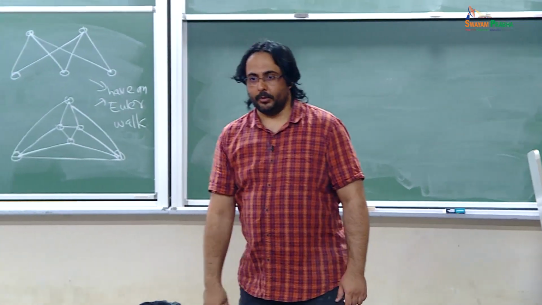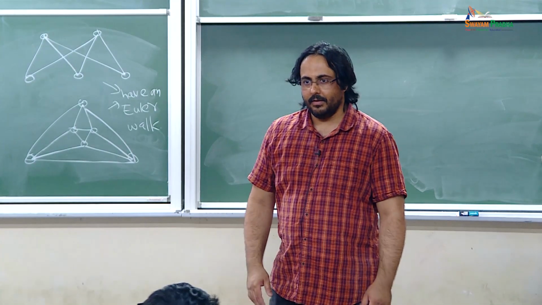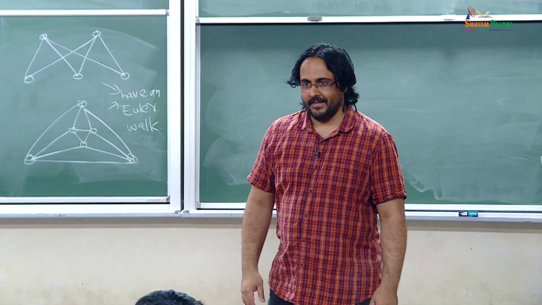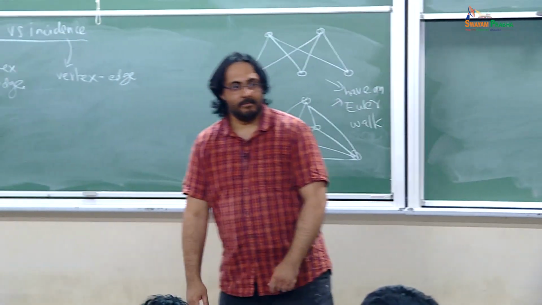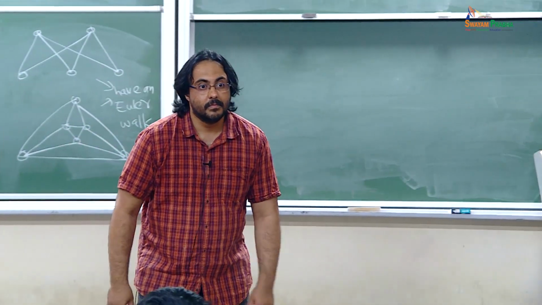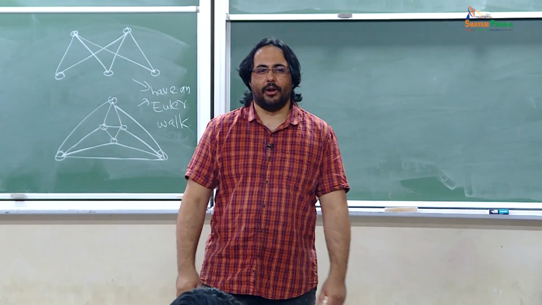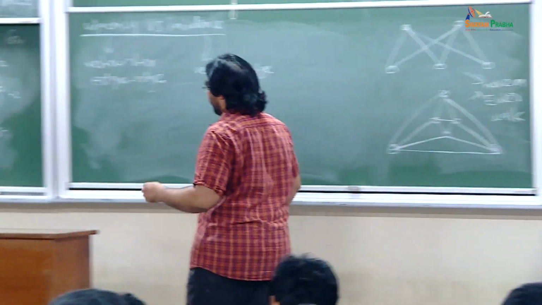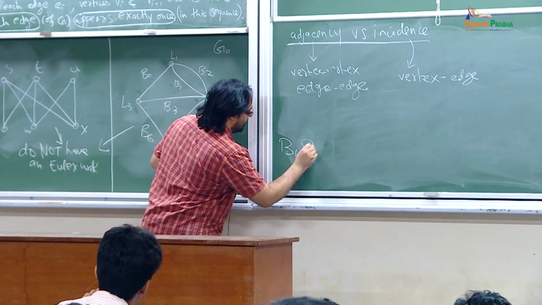You tell me, what would you like to say? B1 and B2. Do you think they should be adjacent or not? Yeah, we'll call them adjacent. They are actually called parallel edges. So if you want another term for this, B1 and B2 are also called parallel edges.